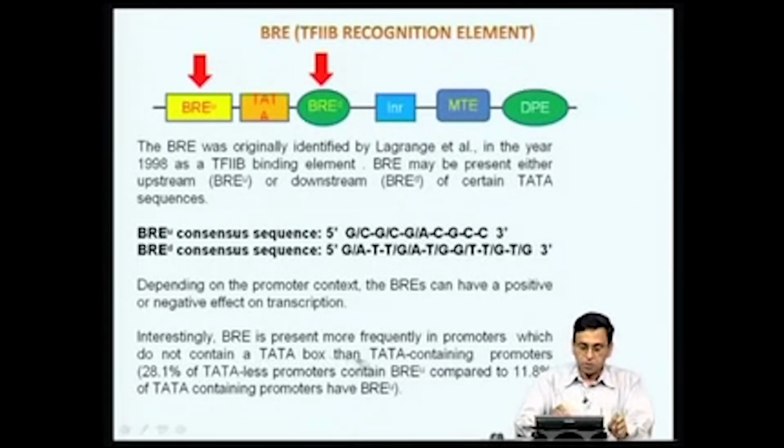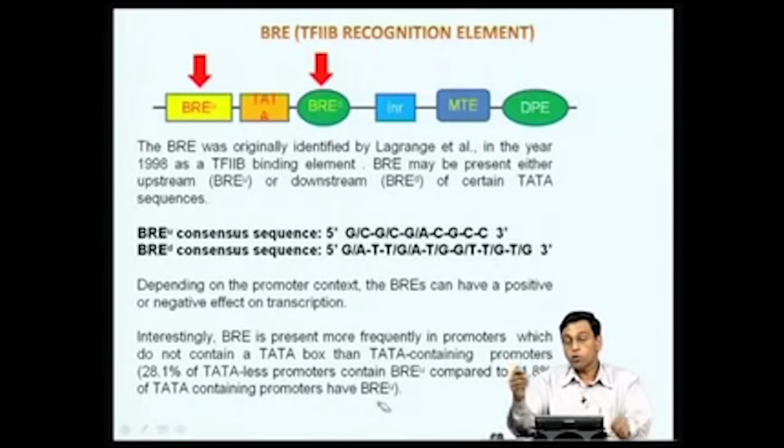The BRE is present more frequently in promoters which do not contain a TATA box than in those which do. For example, 28.1% of TATA-less promoters contain BREu, compared to 11.8% of TATA-containing promoters. So, usually those promoters which do not contain a TATA box seem to contain other core promoter sequences like initiator, BRE and so on.